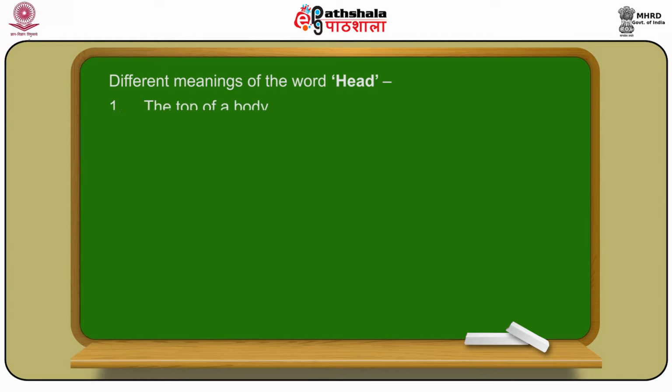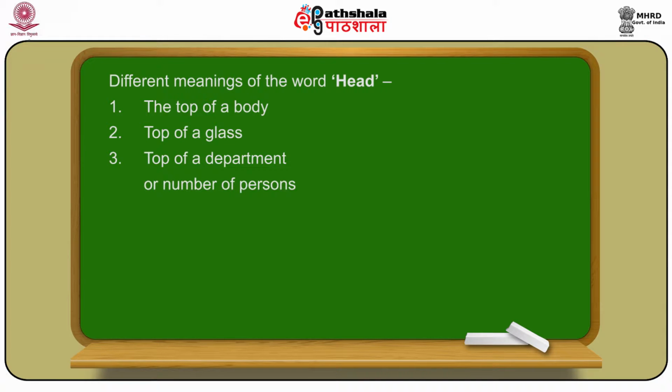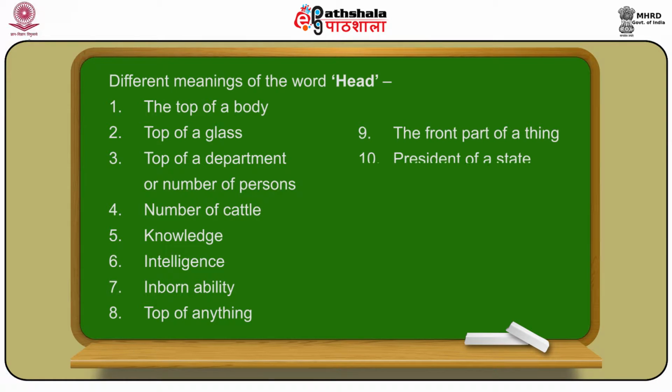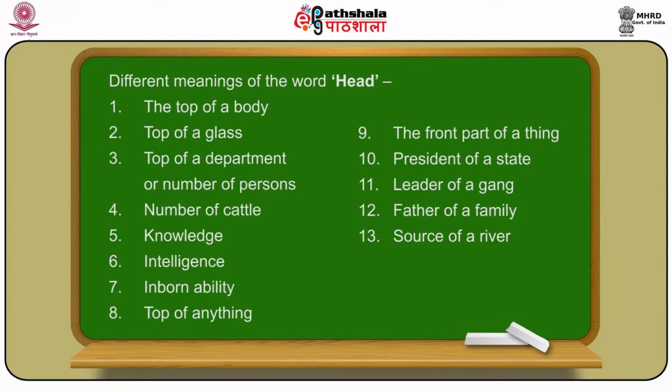But if I give some examples, you can find out that it has many senses. Suppose head refers to the top of a body, top of a glass, top of a department, number of persons, number of cattle, knowledge, intelligence, inborn ability, top of anything, the front part of a thing, president of a state, leader of a gang, father of a family, source of a river, blade of a spear, mouth of a pimple, side of a coin, and many other senses.